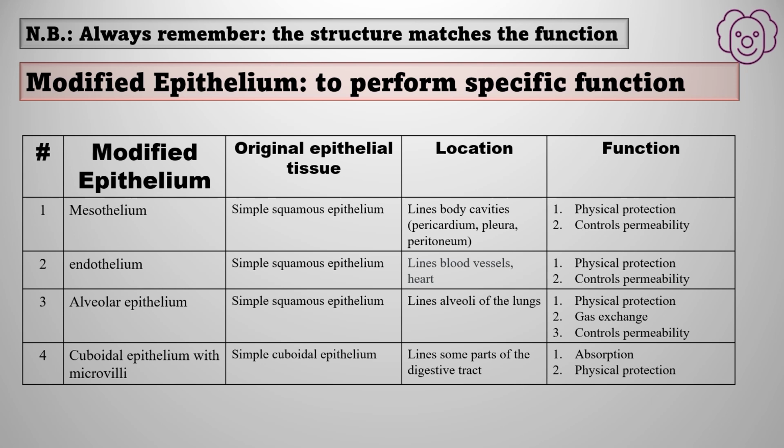The fourth one is called simple cuboidal epithelium with microvilli. We say that microvilli is a modified structure. It is similar to simple columnar epithelium and originates from the same one, but it lines some parts of the digestive tract, and because of this it has the additional function of absorption and physical protection.